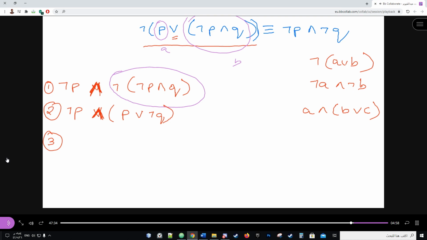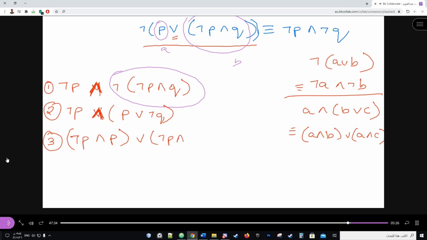Please have a look at your distributive law in one of the pages. What does this give us? It says A and B or A and C. So that's the distributive law, and we'll apply that here. We get not P and P or not P and not Q.